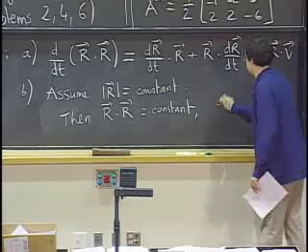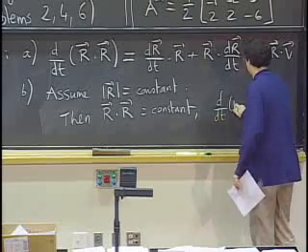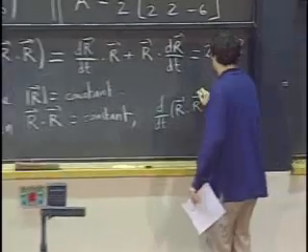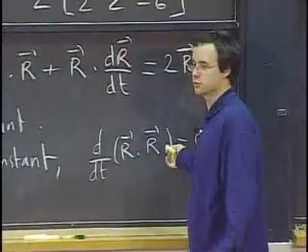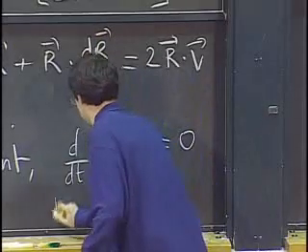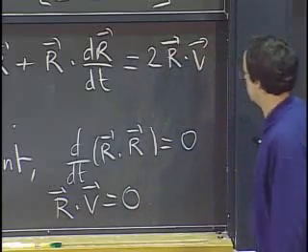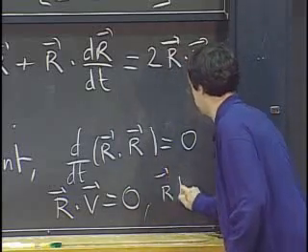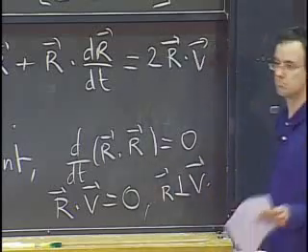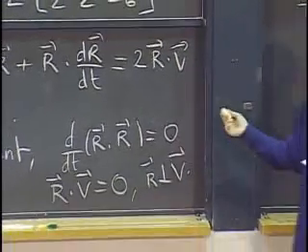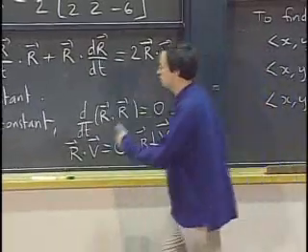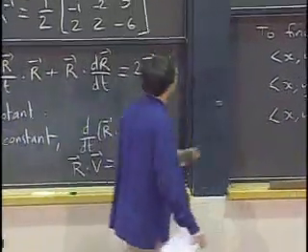And so that means d/dt of r dot r is 0. That's what it means to be constant. And so that means r dot v is 0. That means r is perpendicular to v. Okay? That's a proof. It's not a scary proof.